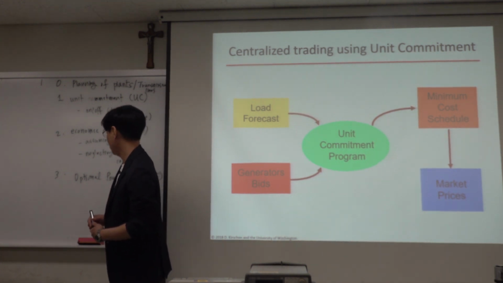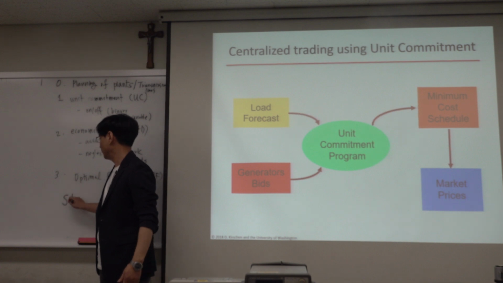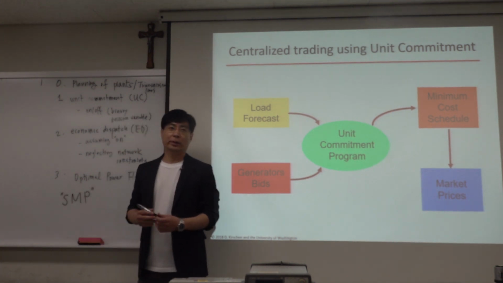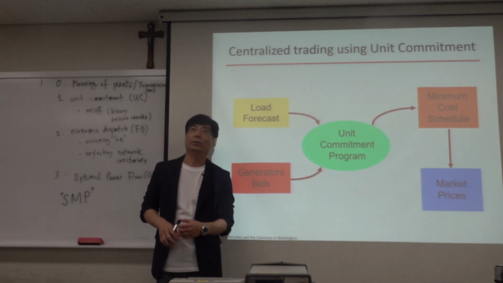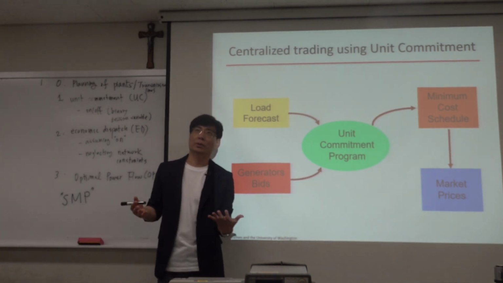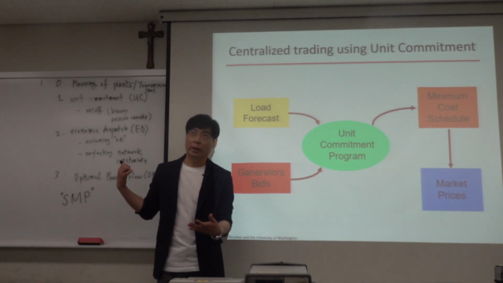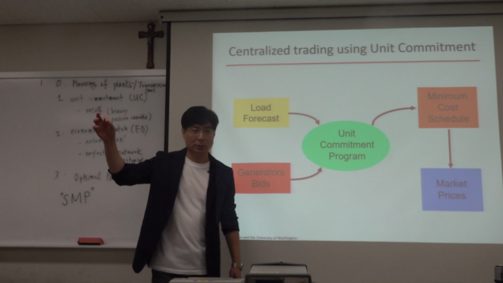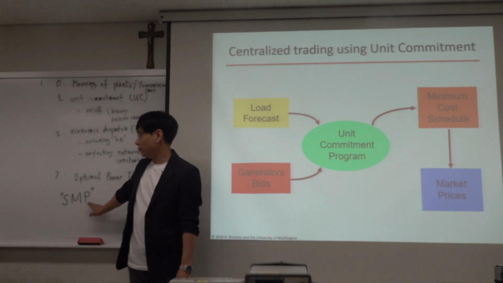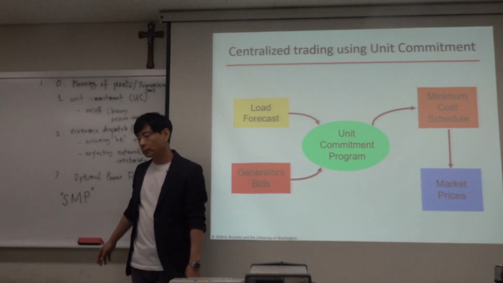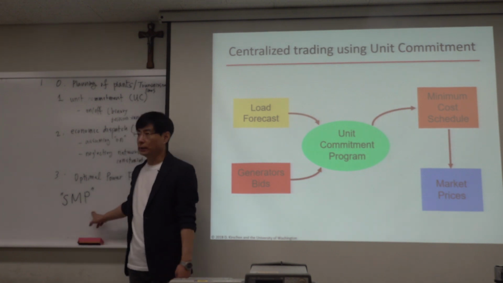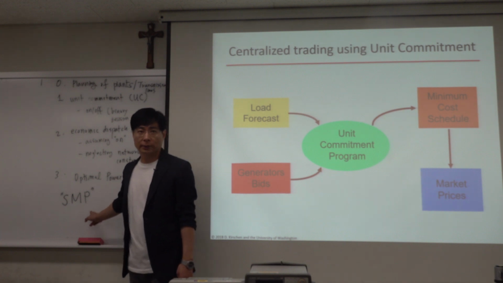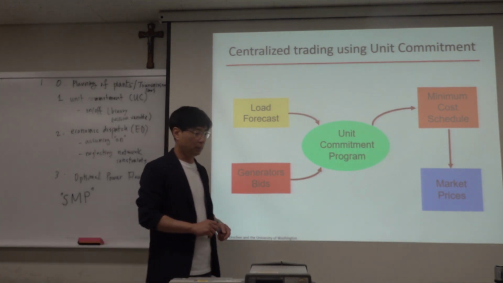So you may have heard this terminology before, SMP. If I need to select a few keywords you must remember, in chapter 1, ISO was that. In chapter 3, SMP is that. SMP stands for the system marginal price. And this is the market clearing price that is common to all the participants in the market.